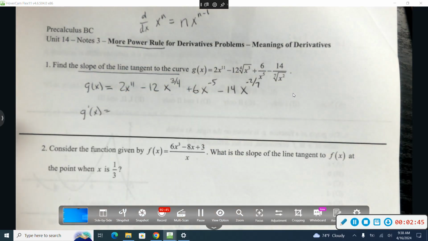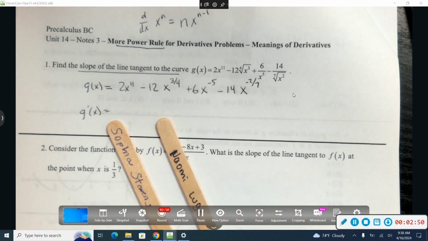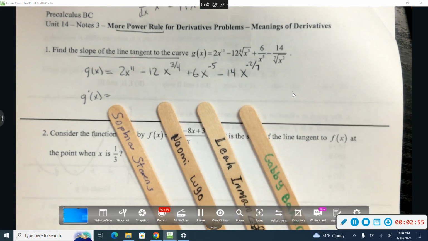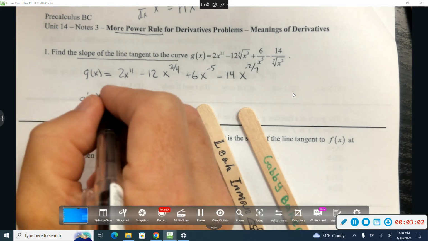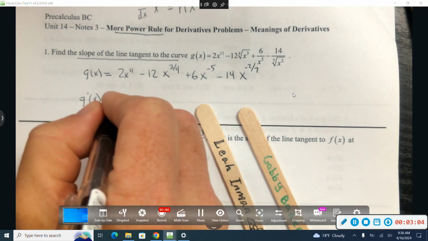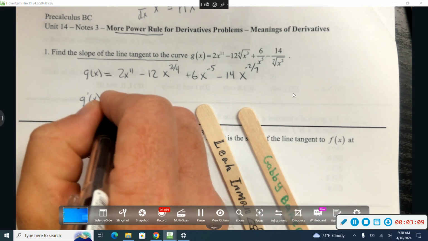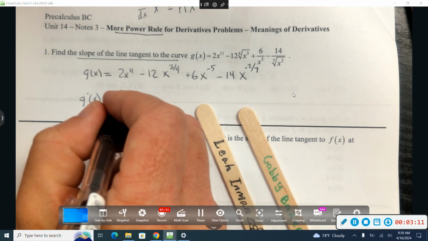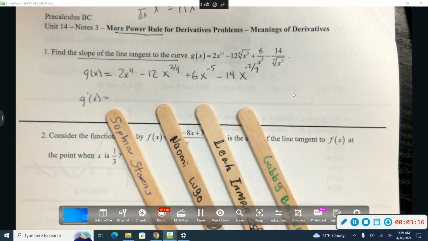And you know what? We can just find all kinds of people to help us with this one. There we go. Because we just go piece by piece here. So, Sophia, what's the derivative of 2x to the 11th? It would probably be 2 times x plus h to the power of 11. Wait, that's like the long way around the derivative. I just want the shortcut.